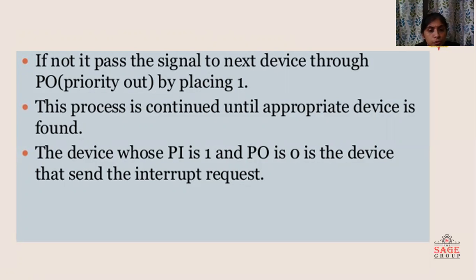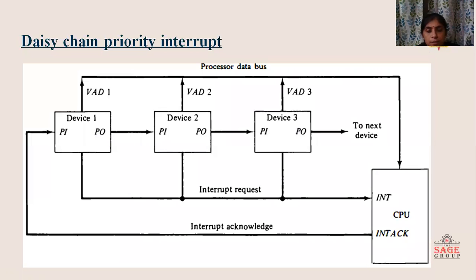The device whose priority input is 1 and priority output is 0 is the device that sends the interrupt request. Here we can consider device 3 also.